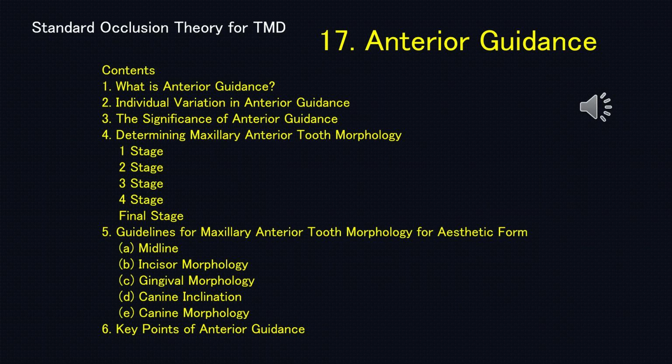Guidelines for maxillary anterior tooth morphology for aesthetic form: A. Midline. B. Incisor morphology. C. Gingival morphology. D. Canine inclination. E. Canine morphology. 6. Key points of anterior guidance.